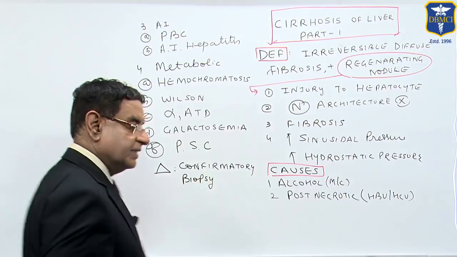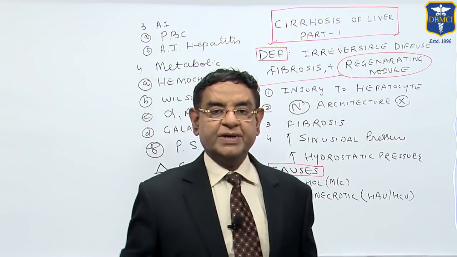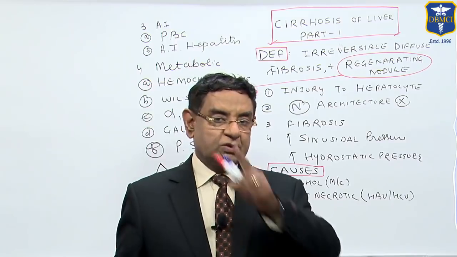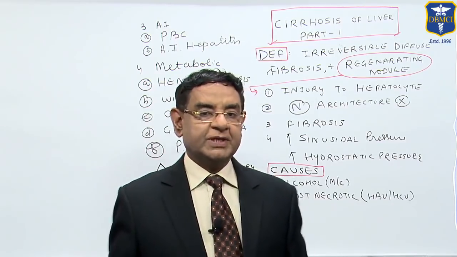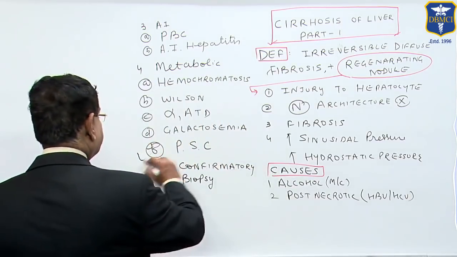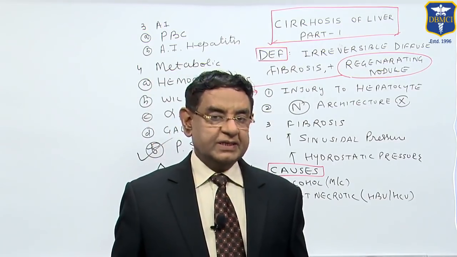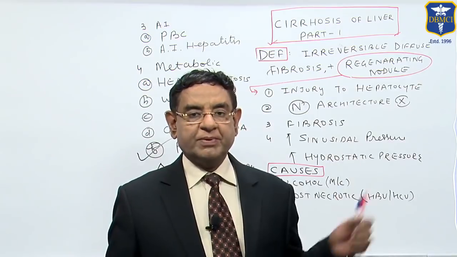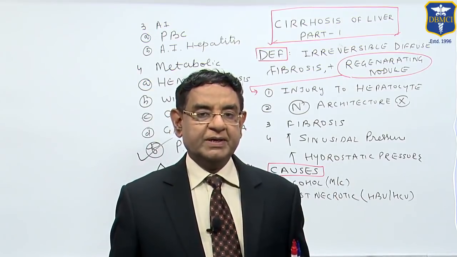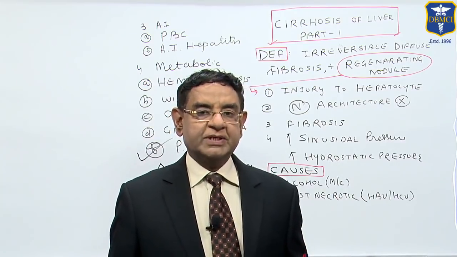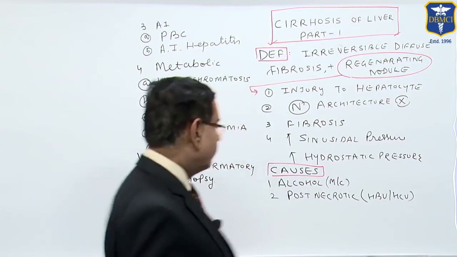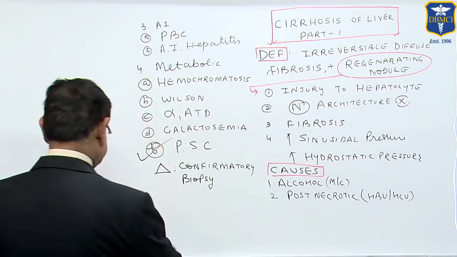Liver biopsy is always the most confirmatory or most accurate test. The only exception to this is primary sclerosing cholangitis. This is a separate topic we will talk about later on, but remember cirrhosis due to primary sclerosing cholangitis is not confirmed by biopsy. This is an exception.